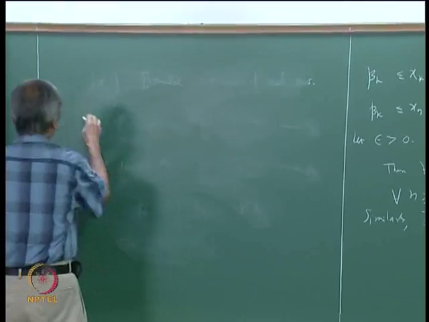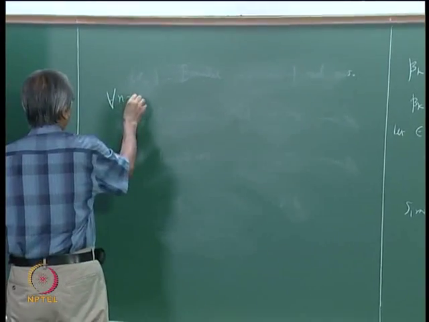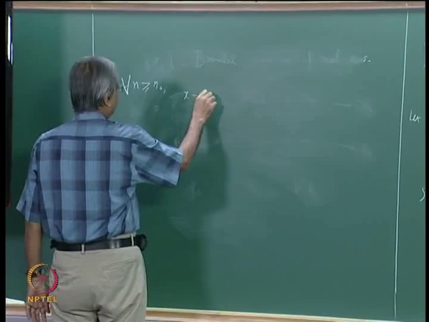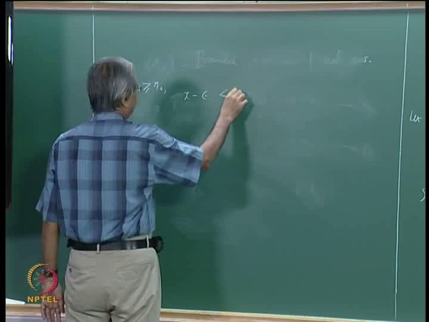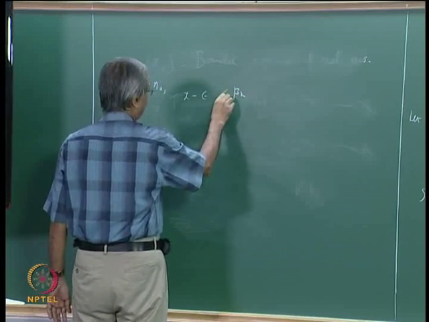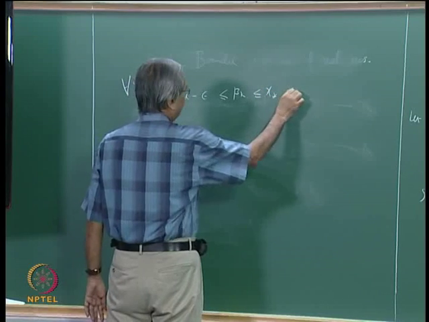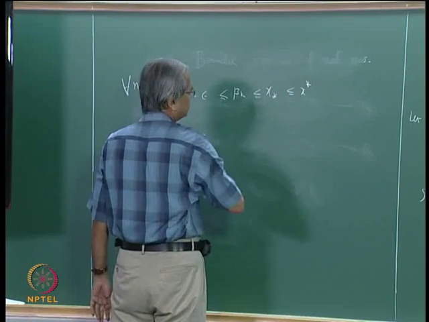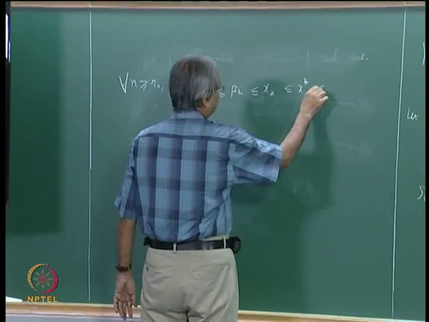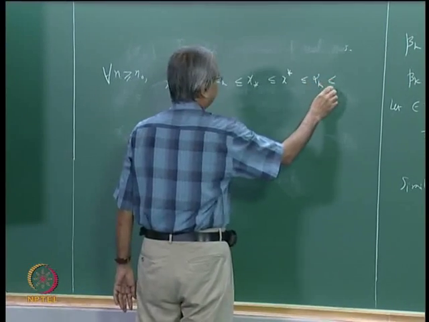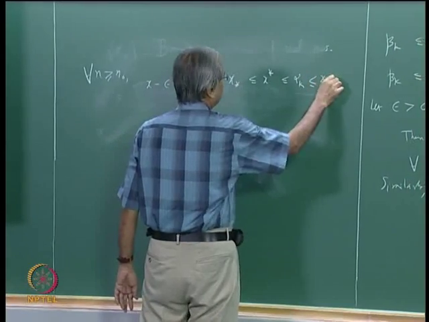So what we have proved is this: for all n bigger than or equal to n0, x minus epsilon is less than or equal to beta k, which is less than or equal to x subscript star, less than or equal to x superscript star, which is less than or equal to alpha k, and this is less than or equal to x plus epsilon.